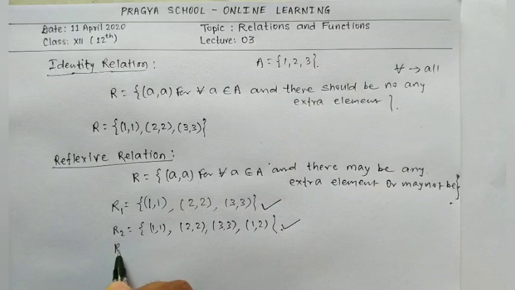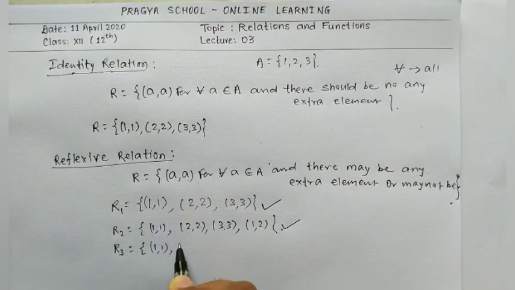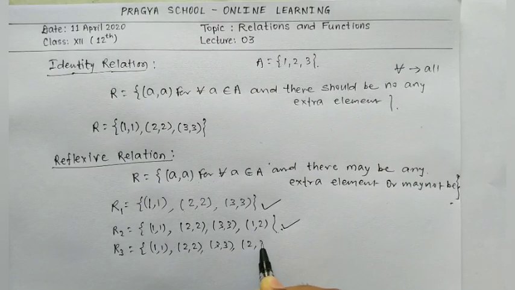Suppose I write one more relation R3: (1, 1), (2, 2), (3, 3), (2, 3), (1, 2). Is it a reflexive relation?